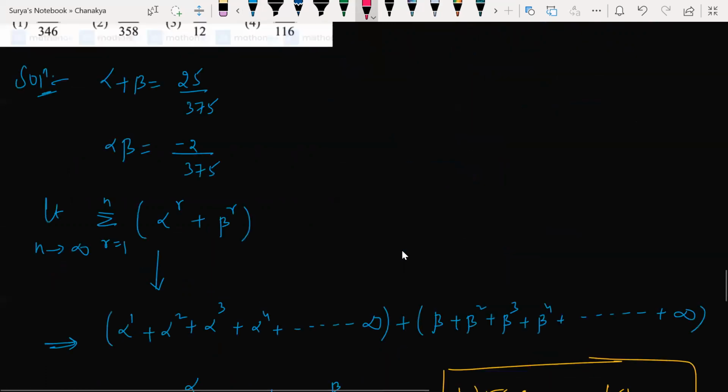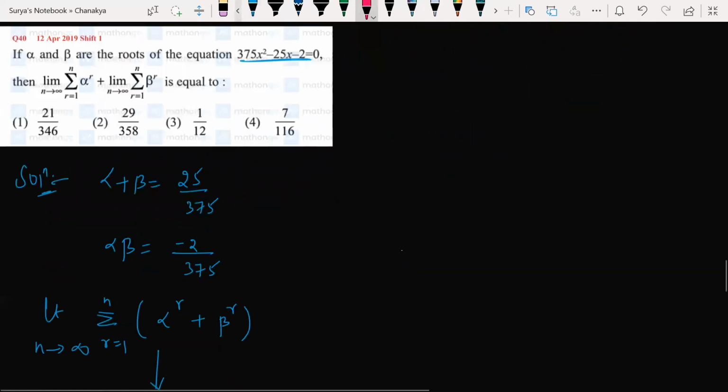Look at this, how confusing these options are. Look at this option. C is correct here. Many children make the mistake of reading 29 by 358. They do not observe this properly. The denominator which we got is 348, but not 358. Be careful with that. So 29 into 12, check once: 12 times 9 is 108, yes, 348 only, not 358.